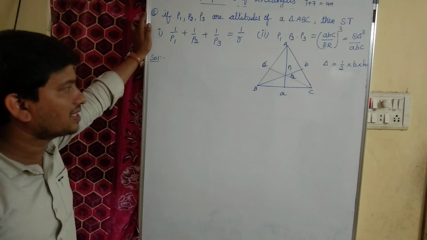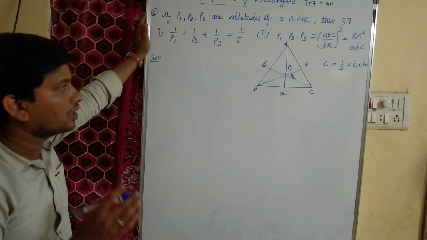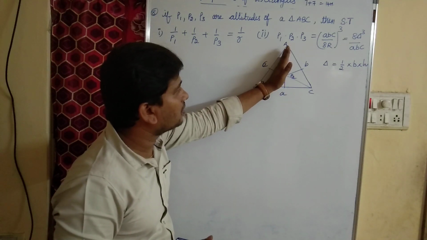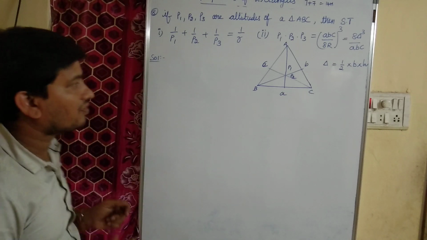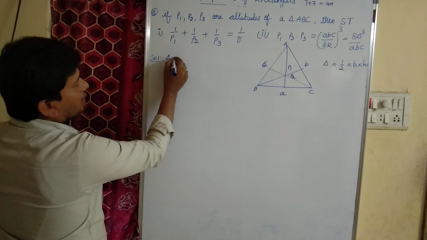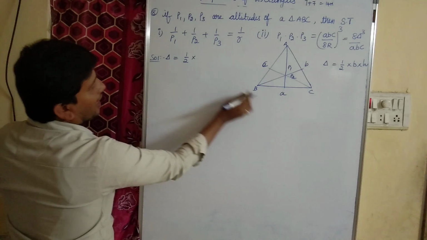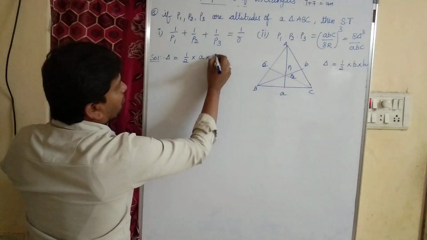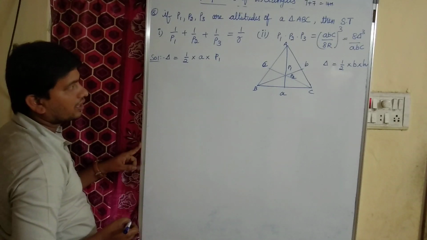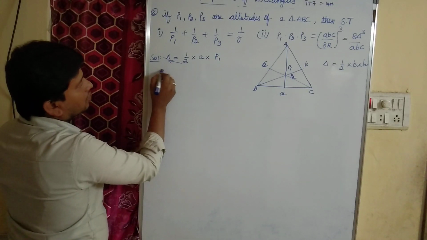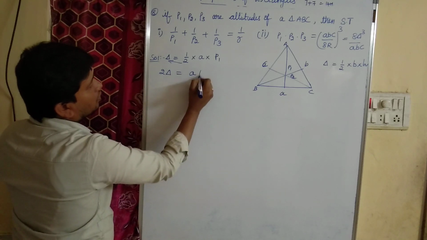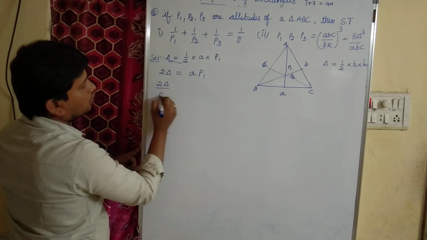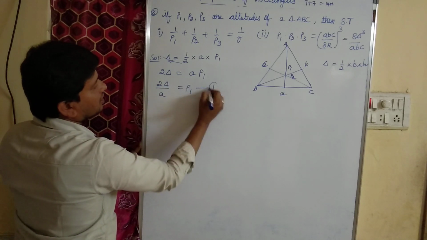If base is BC and height is P1, then delta equal to half into A into P1. Now cross multiplication, 2 delta equal to A P1. Here A is multiplying, transpose, that is 2 delta by A equal to P1. This is equation number 1.